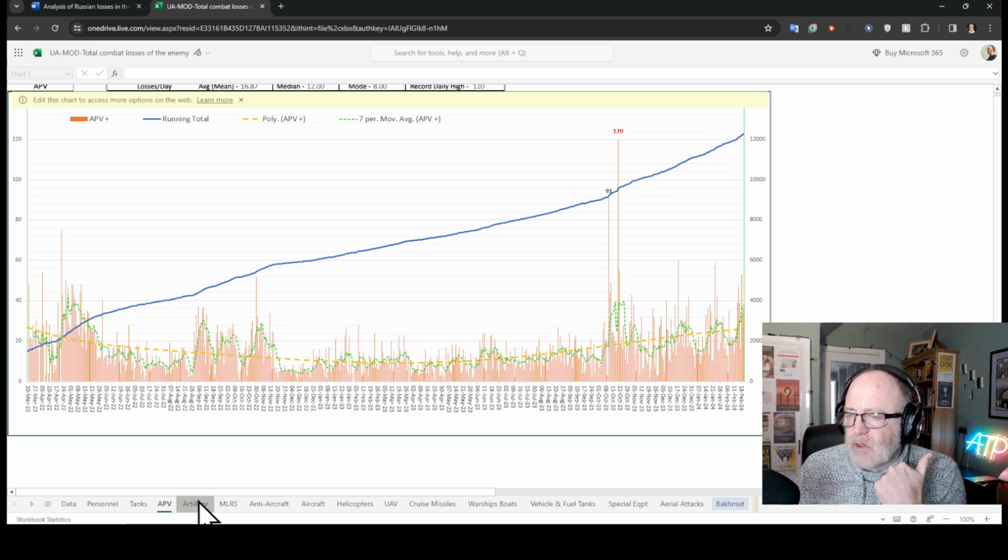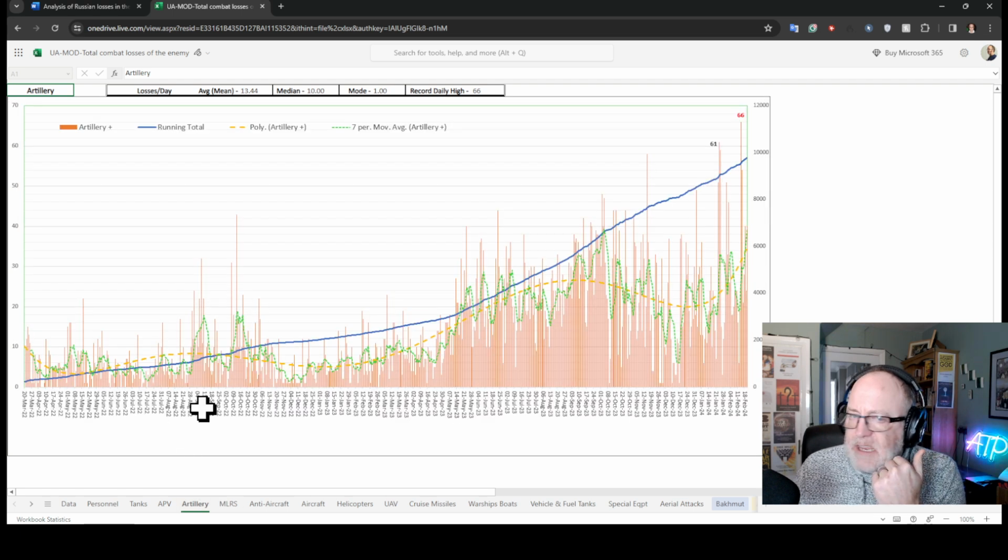Okay, now on to artillery. Artillery here gives us a slightly different picture, and I'll explain. So you have some artillery getting hit as it too was stuck in those columns, and then we had a lot of it being lost in towed and SPGs, self-propelled guns, in the Kharkiv and Kherson counteroffensive.